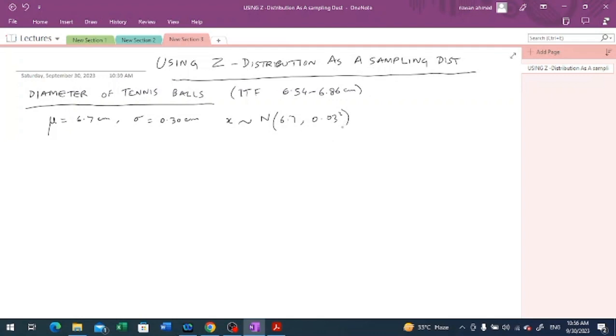Now these are the cases of picking up a tennis ball at random from the production lot. It indicates that we are referring to random variable x. Let's suppose in part A, we are asked: what is the probability that a tennis ball picked at random from the production lot has a diameter below 6.55 centimeters?